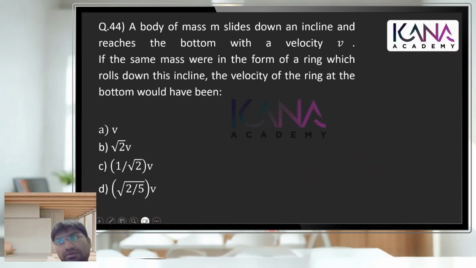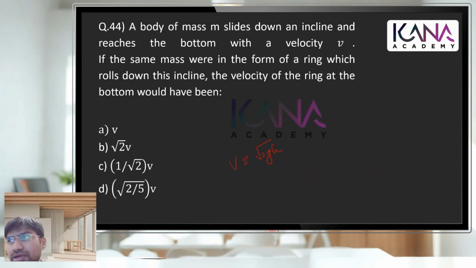Okay, so 44, a mass slides down an incline and reaches the bottom with speed v. If instead it is a ring rolling down, what is the speed? So sliding v is root 2gh. And rolling, now it will be root 2gh by 1 plus k square by r square.